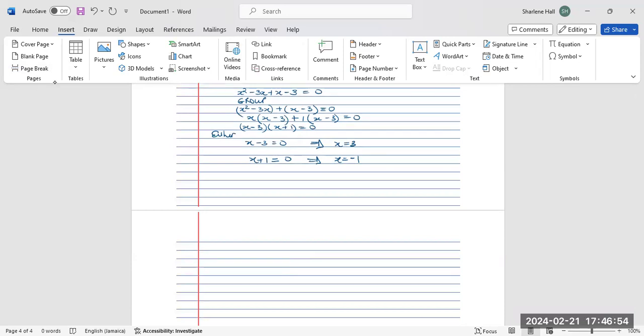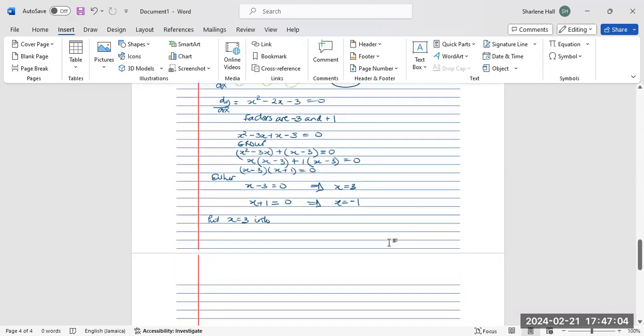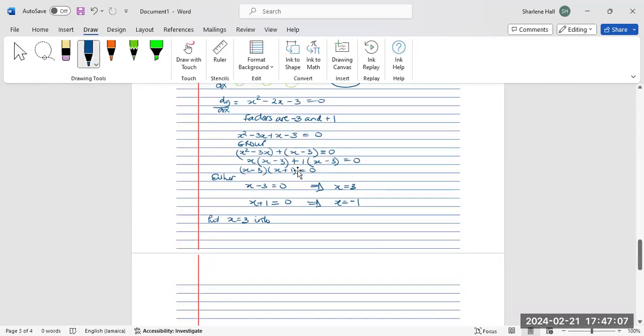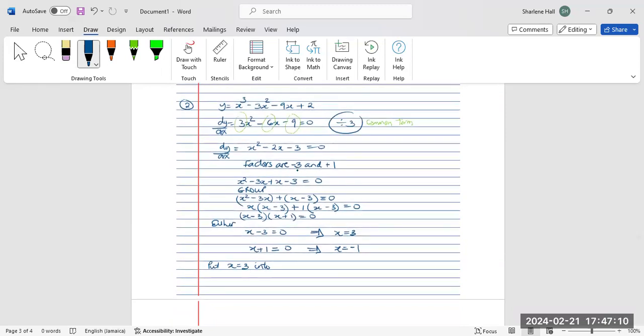So I'm going to put x equals 3 into y equals x cubed minus 3x squared minus 9x plus 2. So y is going to be equal to 3 cubed minus 3 times 3 squared minus 9 times 3 plus 2.